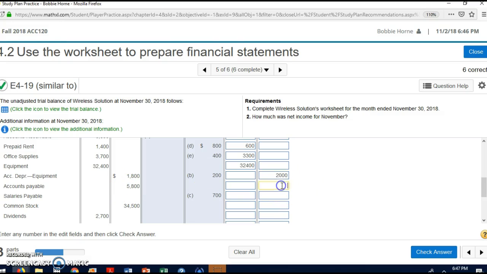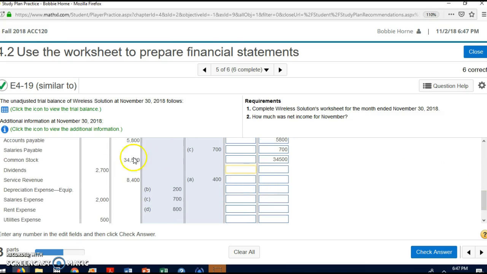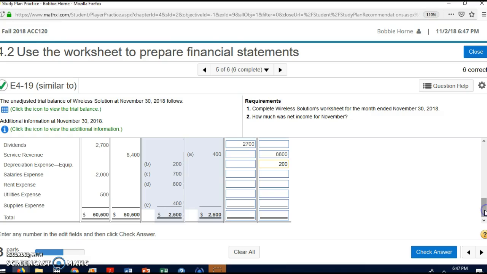Accounts payable did not change, 5800. Now there is 700 in salaries payable, and common stock is 34,500. Dividends is 2,700, and service revenue is 8,800. And then depreciation expense is 200, and salaries expense is 2,700.